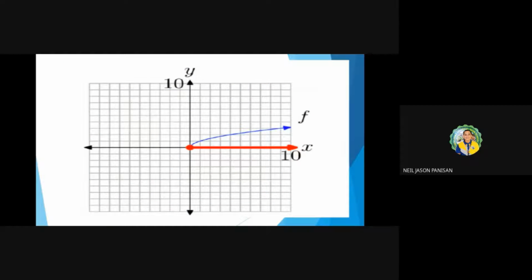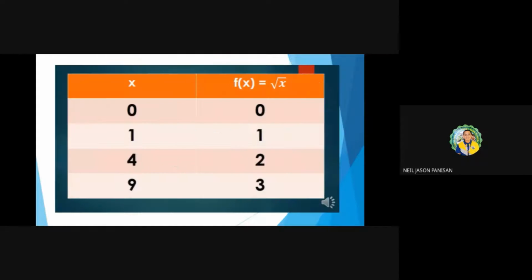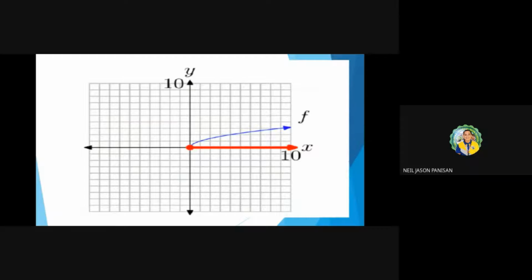So if we are going to locate those points in the graph or in the Cartesian plane, notice that in this graph, the vertical line is our y-axis and the horizontal line is our x-axis. So if our first ordered pair is 0 and 0, meaning that is the beginning of our graph.